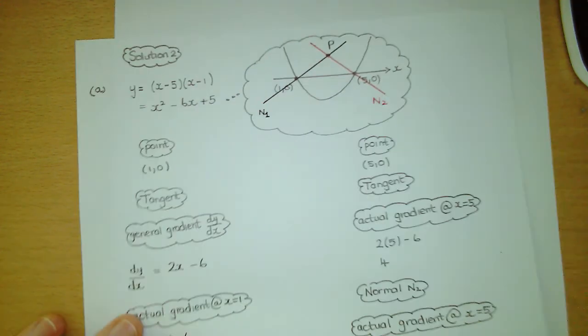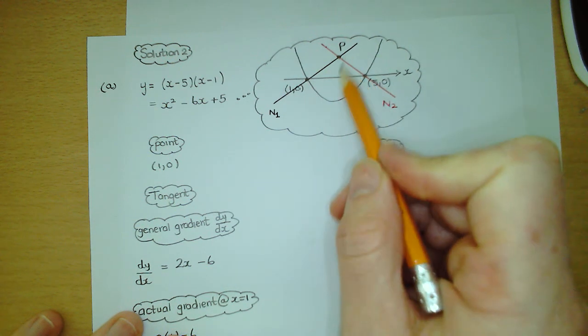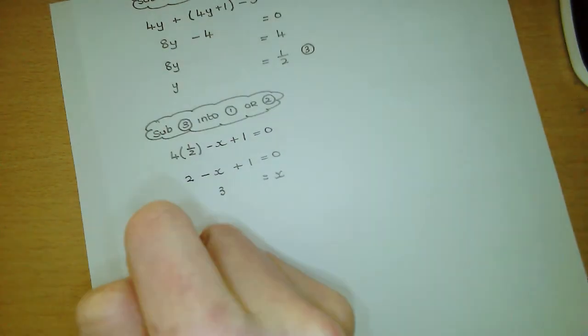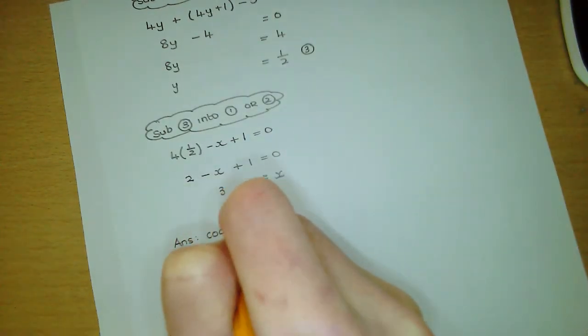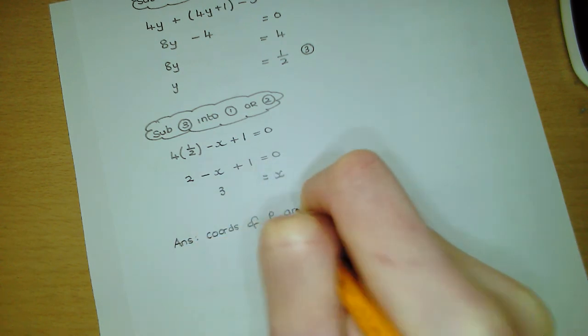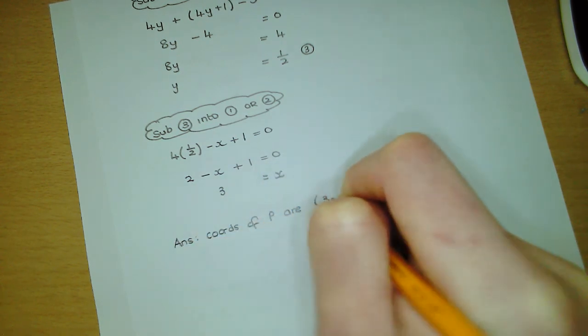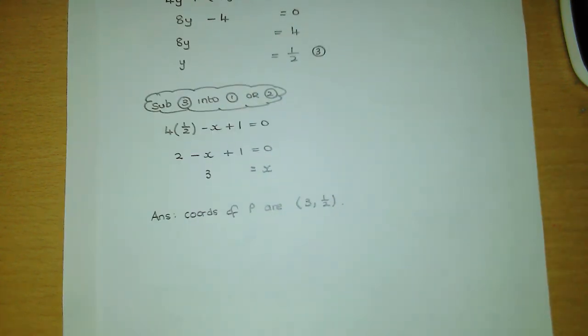If we go back to your sketch, the x coordinate of P has to be somewhere between 1 and 5, and we get 3. So that makes perfect sense. So our final answer, coordinates of P are 3, a half. And that's our answer for part B.